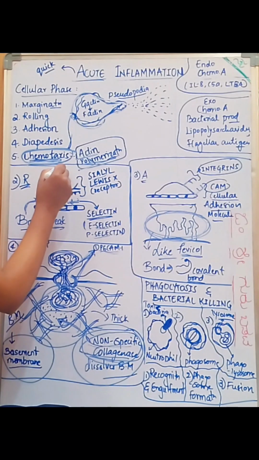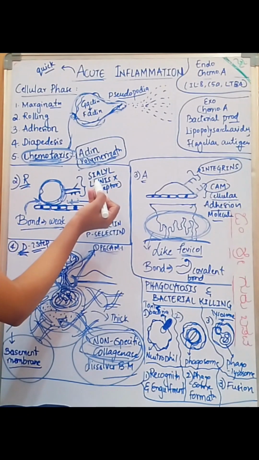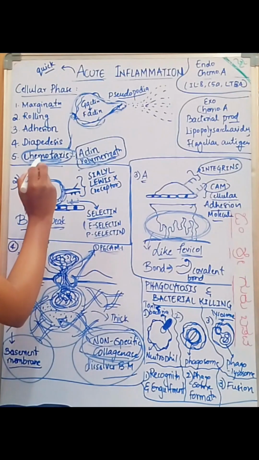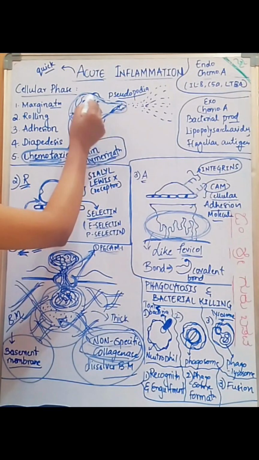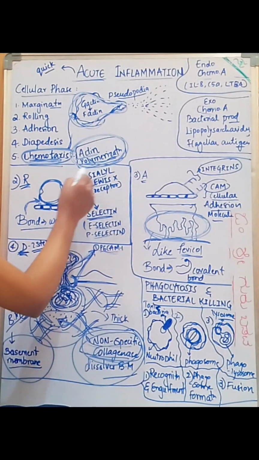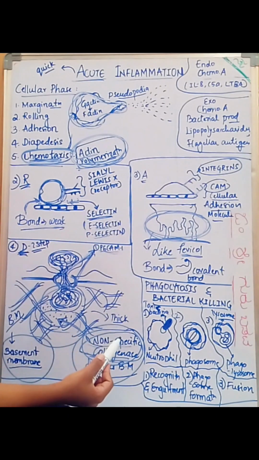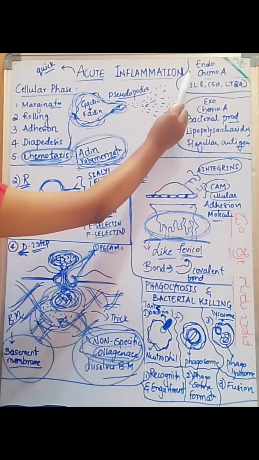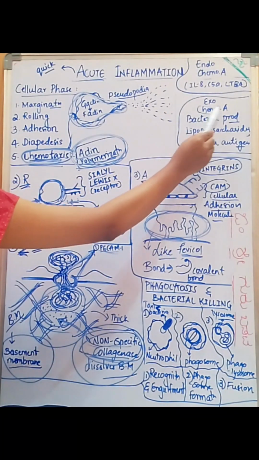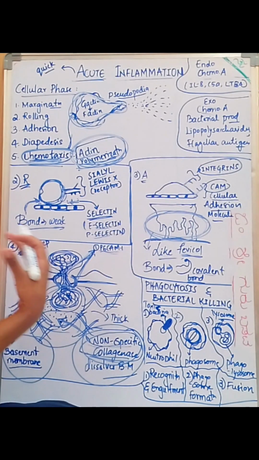So now we will move on to the chemotaxis. The chemotaxis is the unidirectional guide to the neutrophils towards the bacteria. So this is the neutrophil. And here, the hallmark event that takes place is the actin polymerization. Another important thing we notice here is the endogenous chemoattractants and the exogenous chemoattractants. The chemoattractants are nothing but the perfumes.